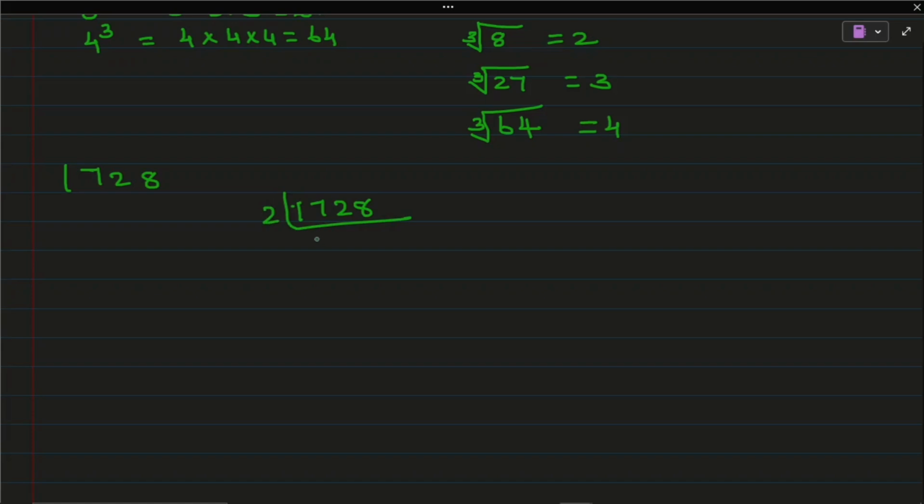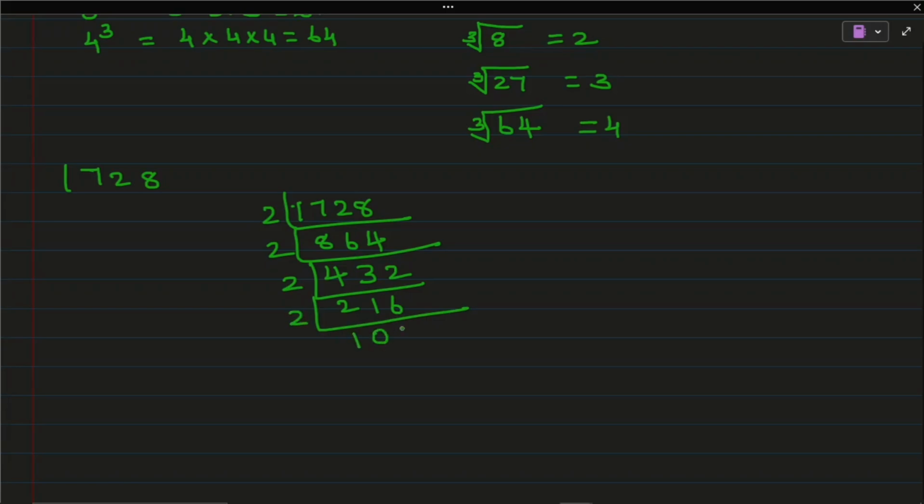It is an even number, so we can divide with 2. 864, then again with 2. Half of 864 you have to write here, that is 432. Again with 2. 2 2s are 4, here 1 will come, remainder 1, and 12, 2 sixes are 12, 216. Again with 2.